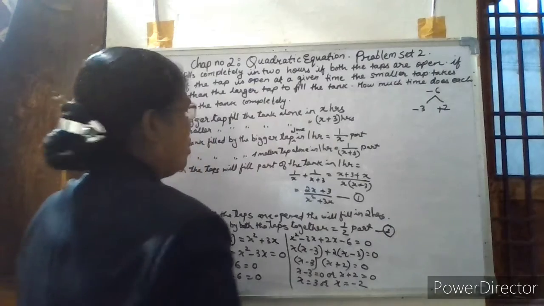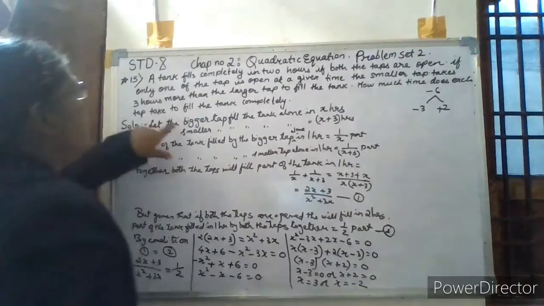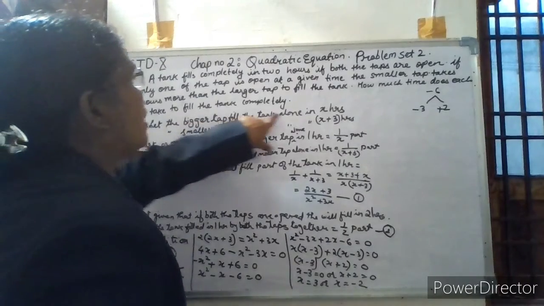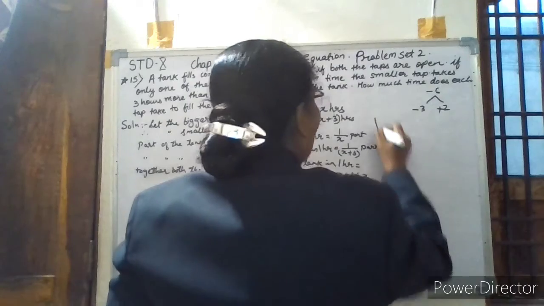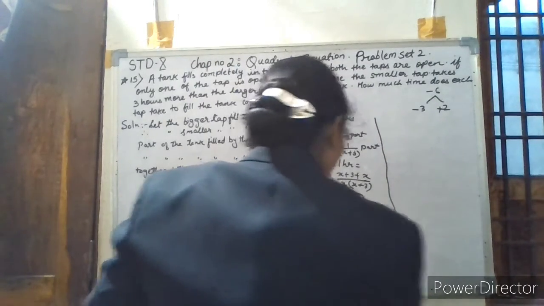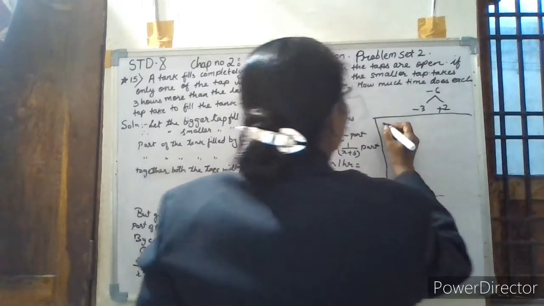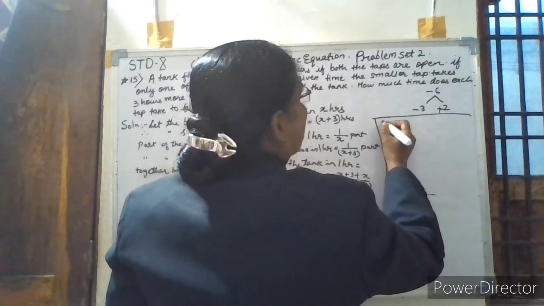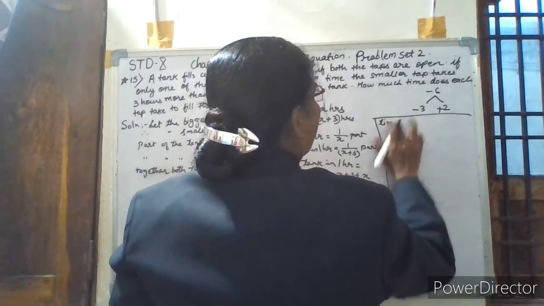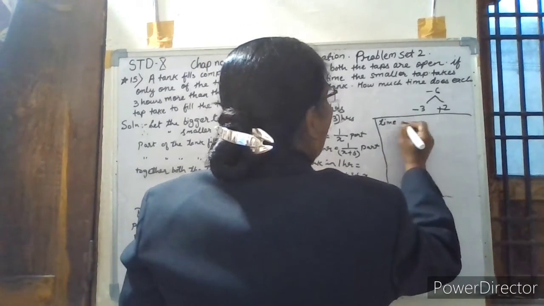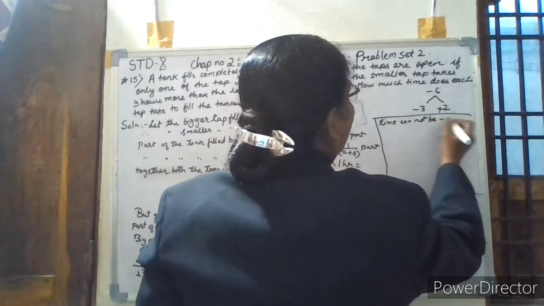Now what is x actually? Let the bigger tap fill the tank alone in x hours. That means the x value is the time. So minus 2 is not acceptable, because time cannot be negative.